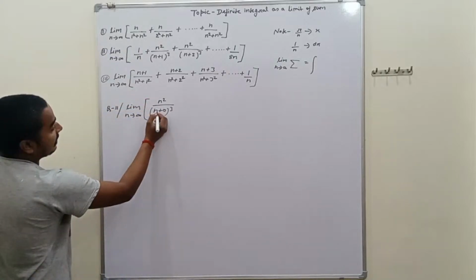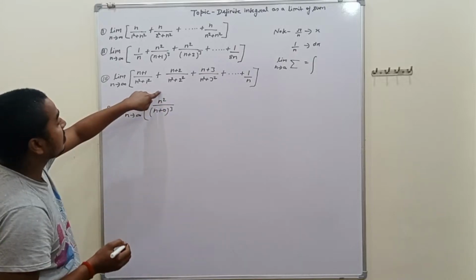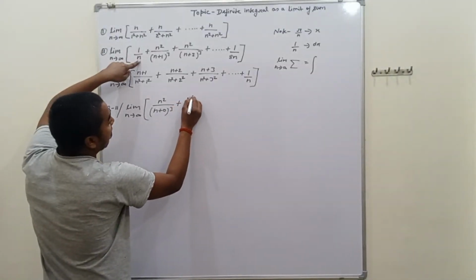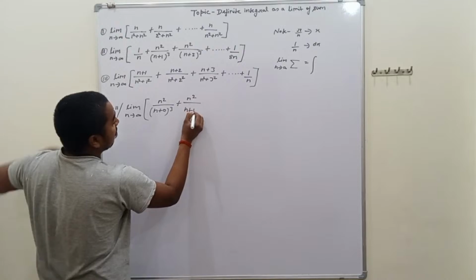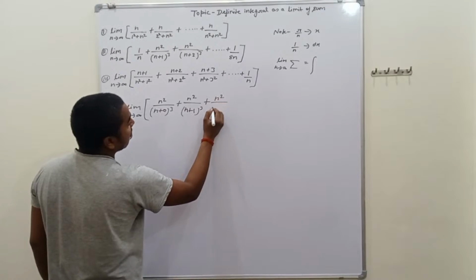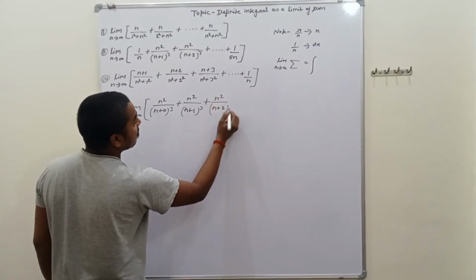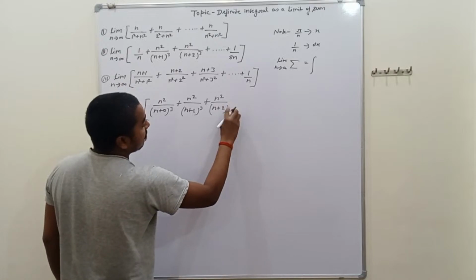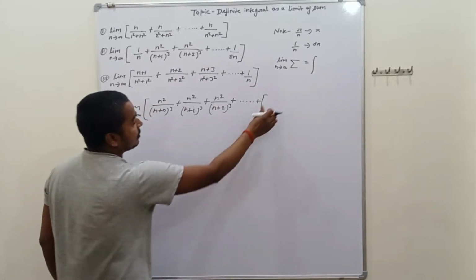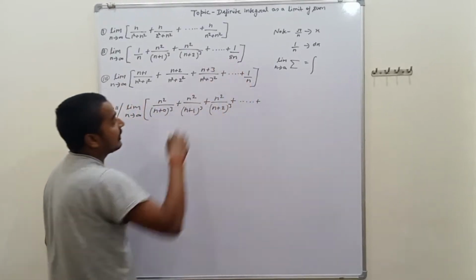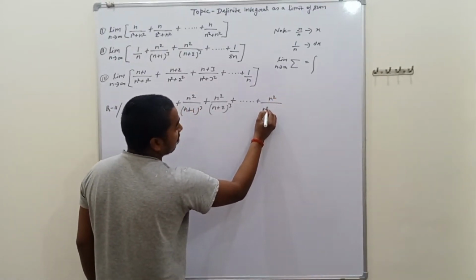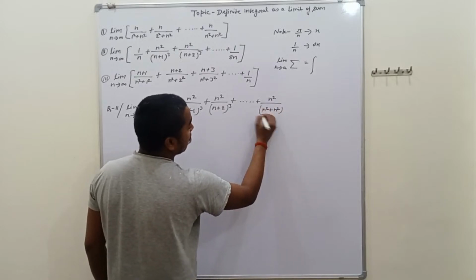When opening, n cube and n square cancel out, remaining is 1 by n, plus n square upon n plus 1 cube, plus n square upon n plus 2 cube, plus dot dot dot, plus, and we can also write 1 by 8n as n square upon n plus n cube.